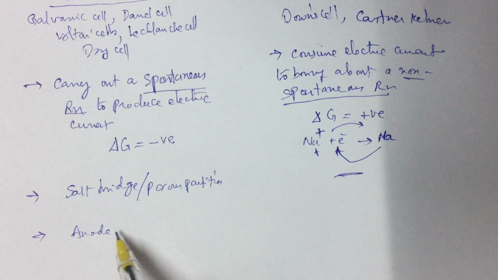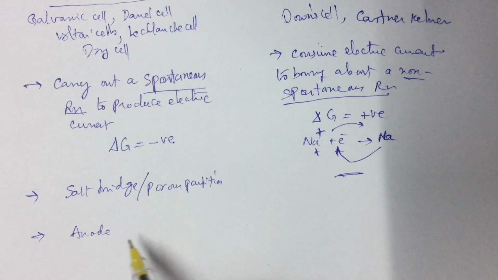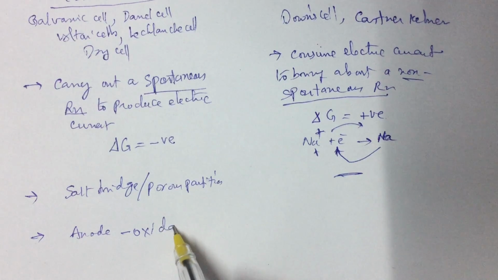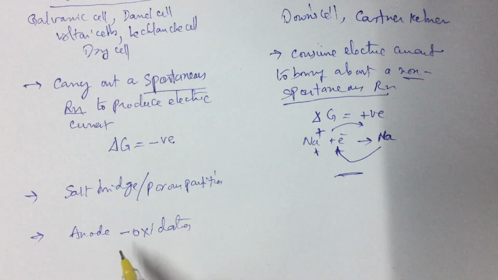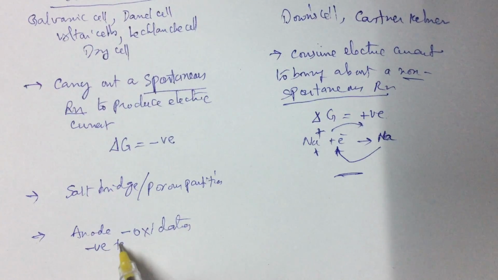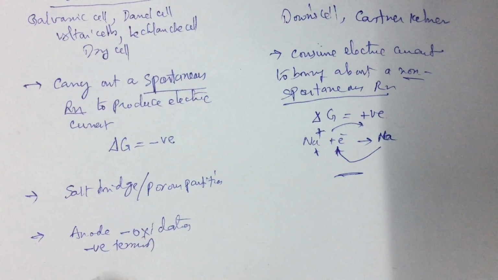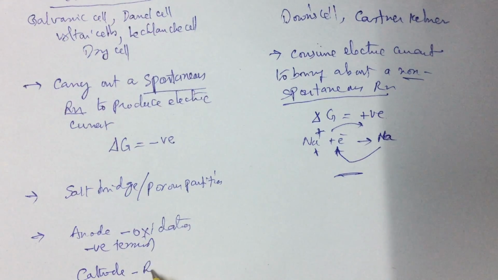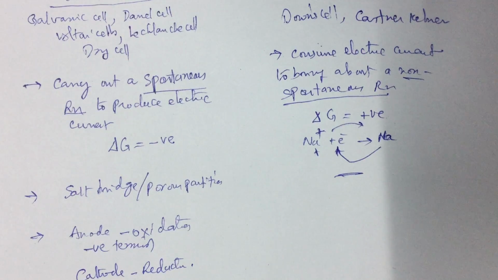At the anode in an electrochemical cell, oxidation takes place, and the anode in an electrochemical cell is a negative terminal. The cathode in an electrochemical cell is a positive electrode, and there reduction happens, that is gain of electrons.